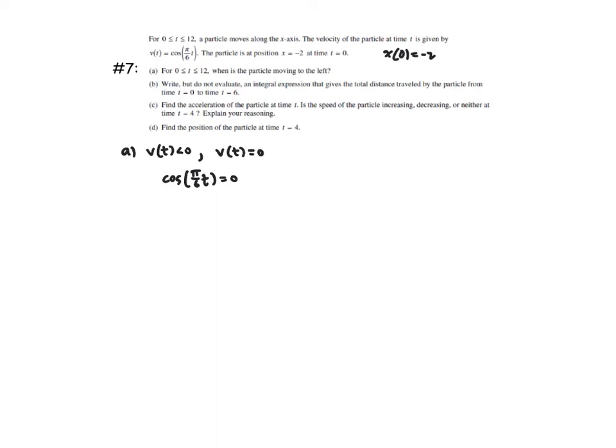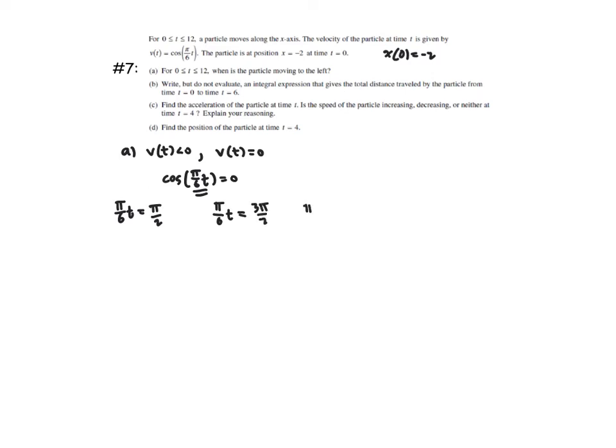The cosine is equal to 0 when the angle, pi over 6 t, is equal to pi over 2, because cosine is 0 at pi over 2. It is also true when the angle, pi over 6 t, is equal to 3 pi over 2.